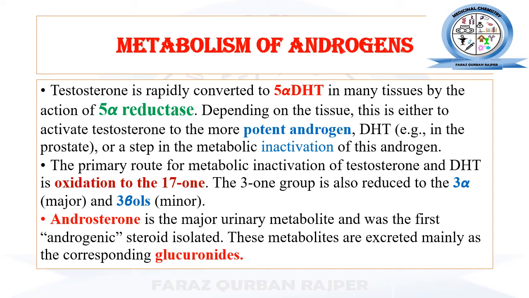Androsterone is the major urinary metabolite and was the first androgenic steroid isolated. These metabolites are mainly excreted as the corresponding glucuronides, meaning in phase 2 metabolism they will be conjugated with glucuronic acid, forming more polar glucuronide conjugates, and ultimately they will be excreted in the form of glucuronide.